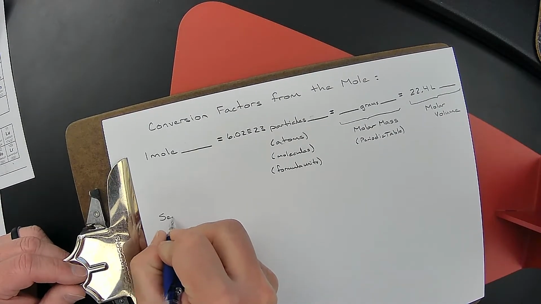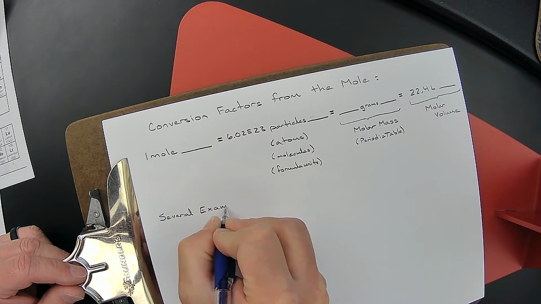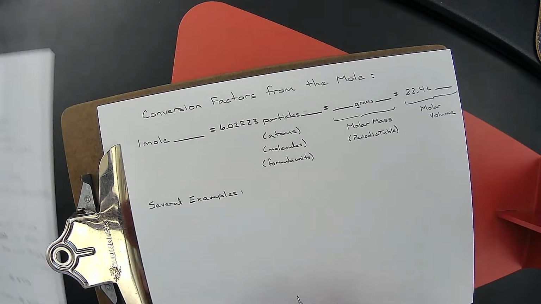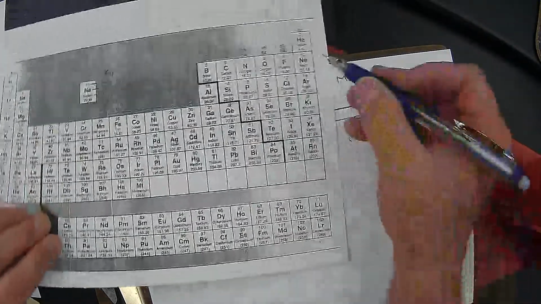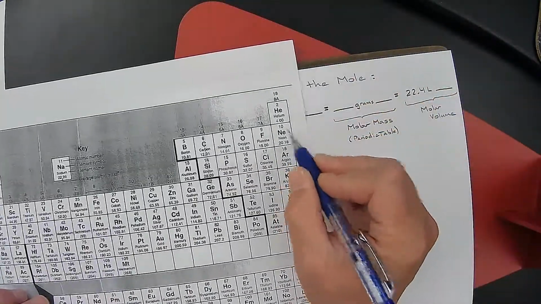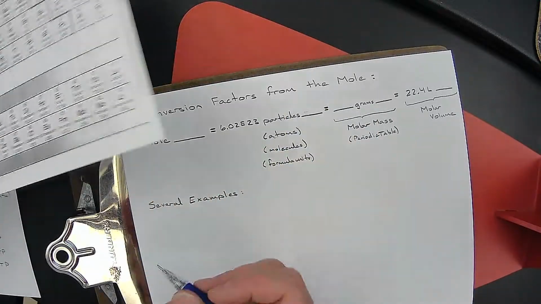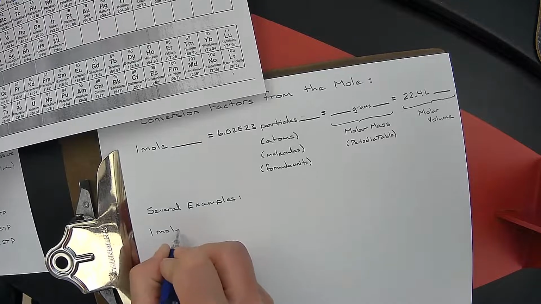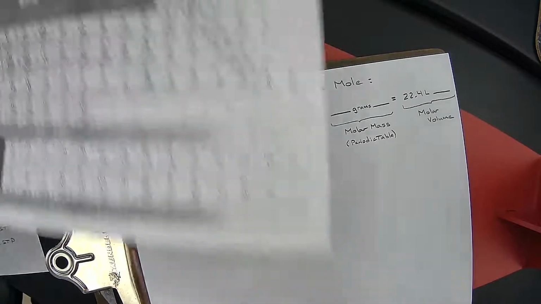So, several examples. I want to go through several examples of how we set this up. So the first example I'm going to look at is neon. Neon is right here. So if I asked for the conversion factors for neon, what we would do is we would write 1 mole of neon.